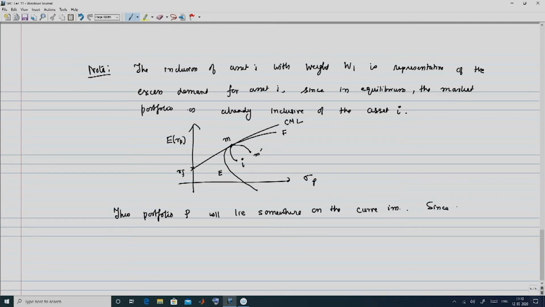Now, since the asset I is in M, remember that M is the market portfolio, it also always has to be inside that.